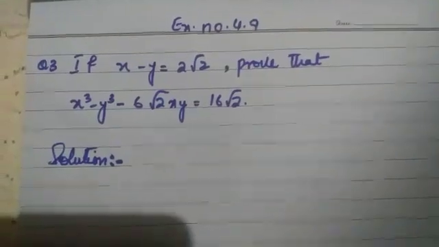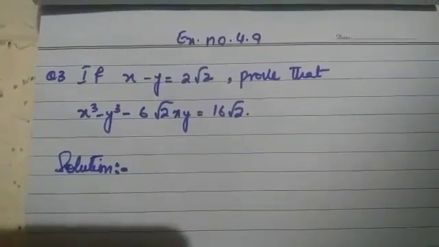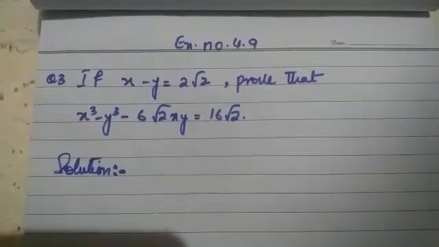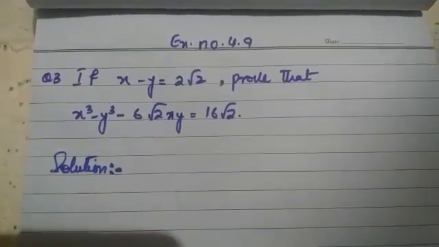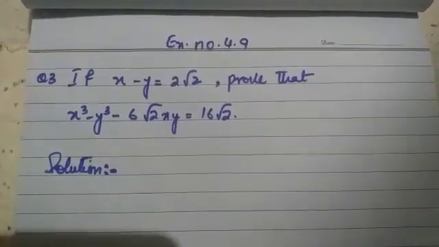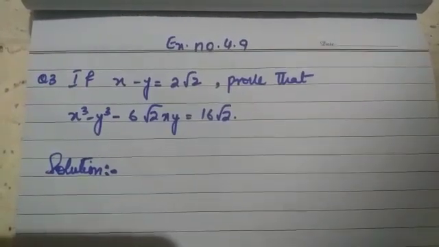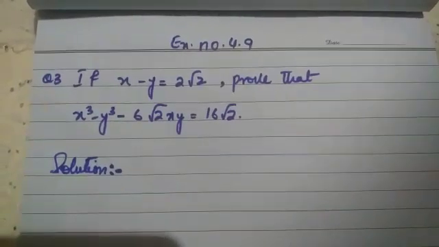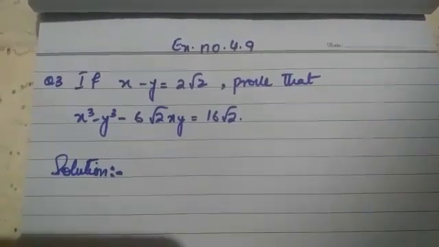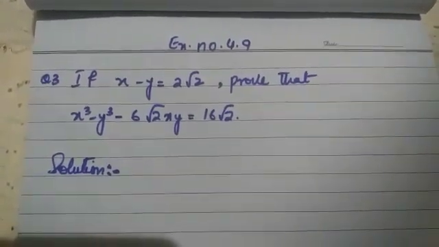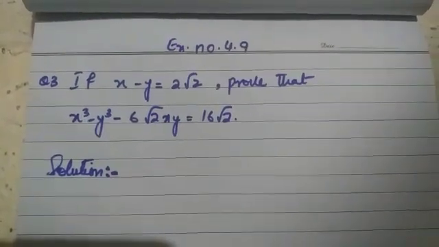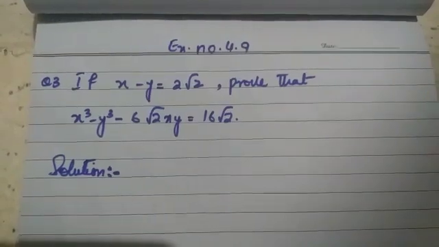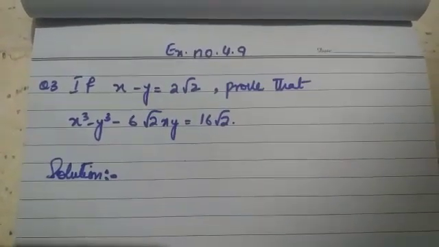Now question number 3, that is if x minus y is equal to 2 under root 2, prove that x cube minus y cube minus 6 under root 2 xy is equal to 16 under root 2. Now in this question, we are given only the value of x minus y, whereas the other quantity is given to prove in the end.